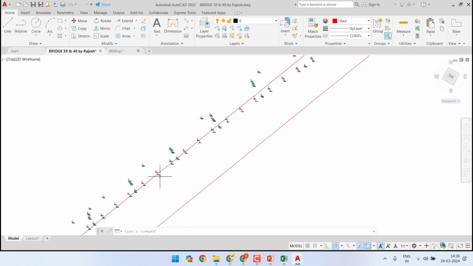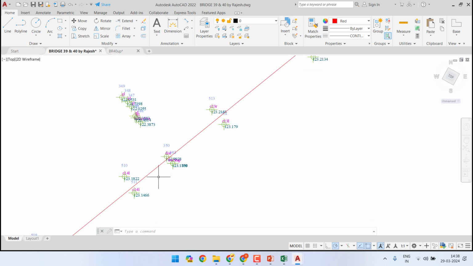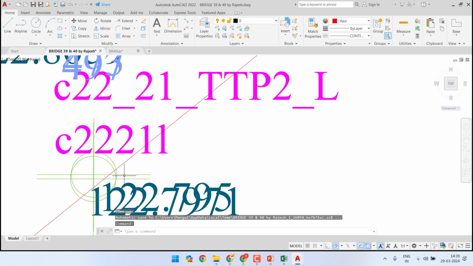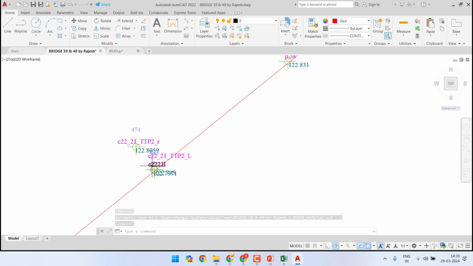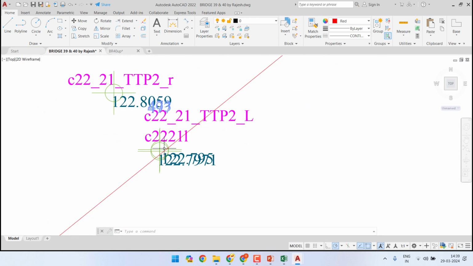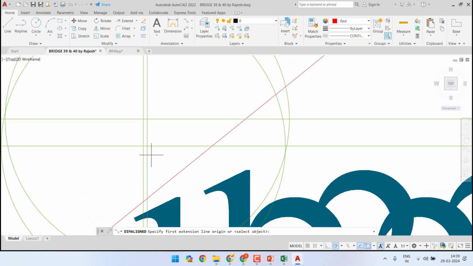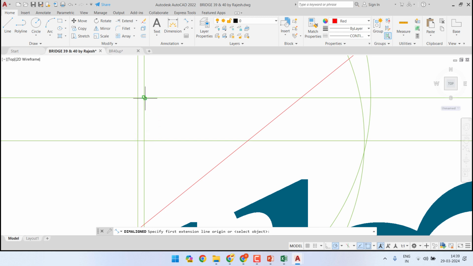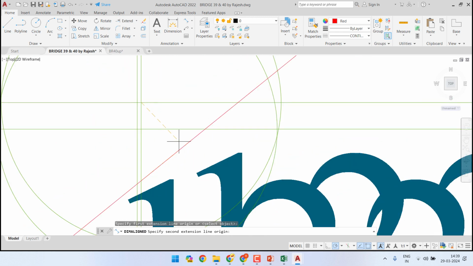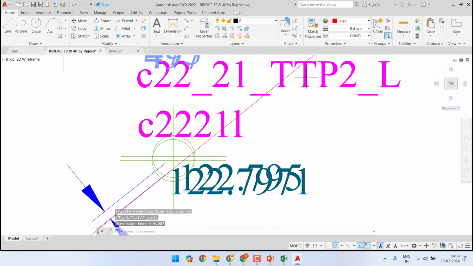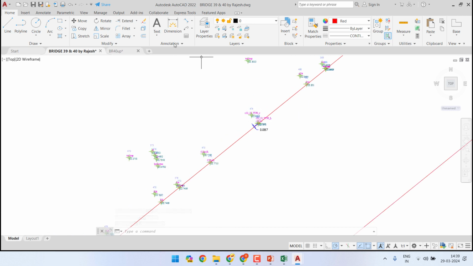TTP2 would be somewhere here, 14, and this is TTP2, and we see that there is not much error according to this. So let us use this as the correct point, for example, and we see the error is 87 mm. But yes, 87 mm is the error in TTP2.